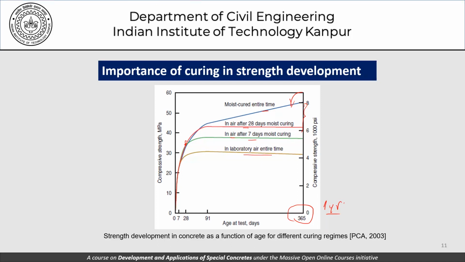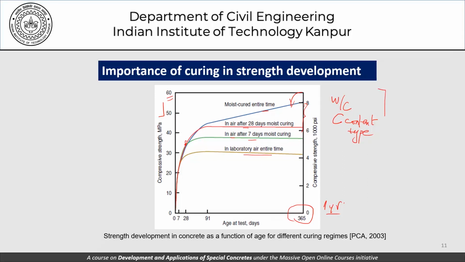that since this graph is drawn in MPa, and as I said, it is for a particular proportion, a particular cement, these values would be quite different if I were to change this water cement ratio or the cement content or the cement type.